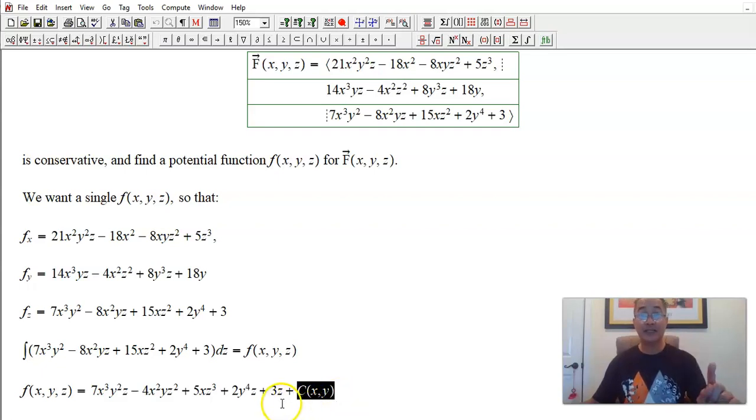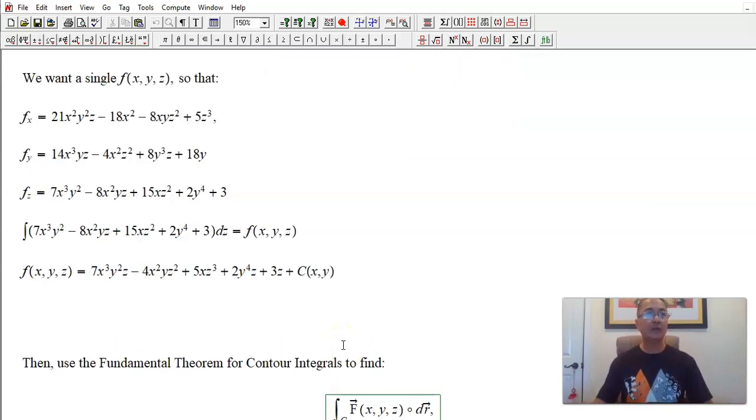It is constant in z, though, meaning it only depends on x and y. So we are now going to have to find who is this c of x, y. To complete the answer, we need to find c of x, y.